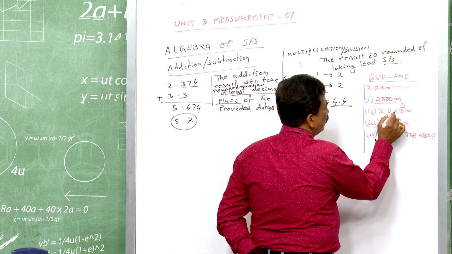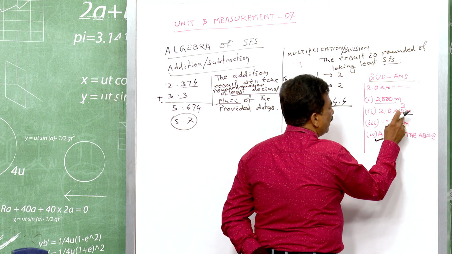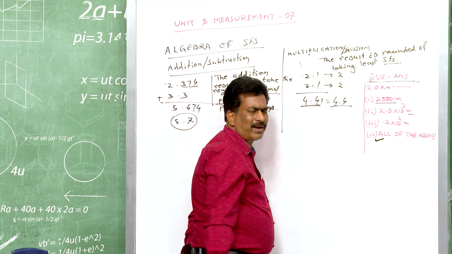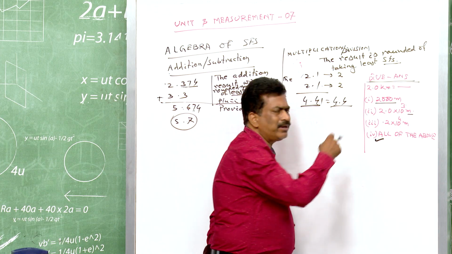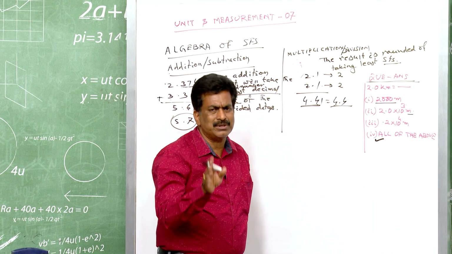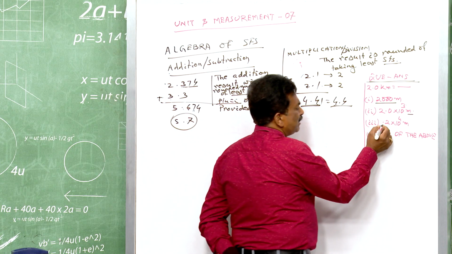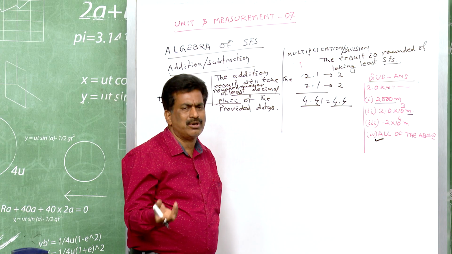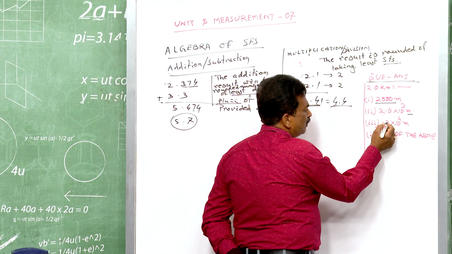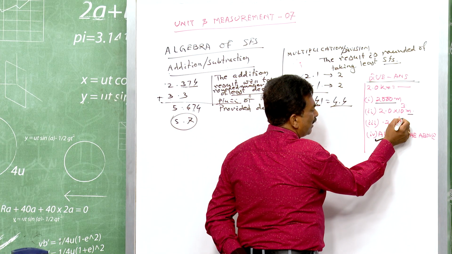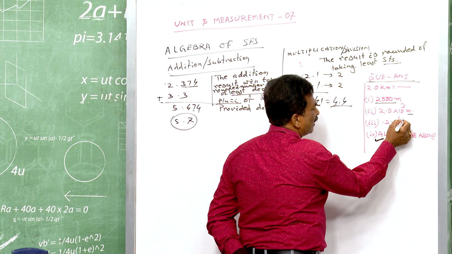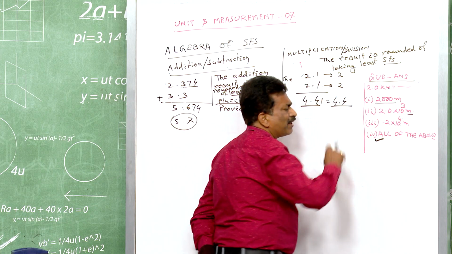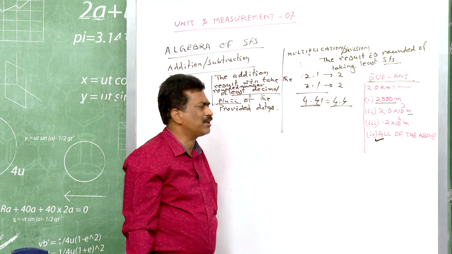So this is 2 into 10 to the power 3. 10 to the power 3 is 1000, so 2 into 1000 will be 2000. Then this is 0.2 into 10 to the power of 4. That is also 2000, because 0.2 is 2 by 10. So 2 into 10 to the power of 3. Then you will say that that is also the correct answer.